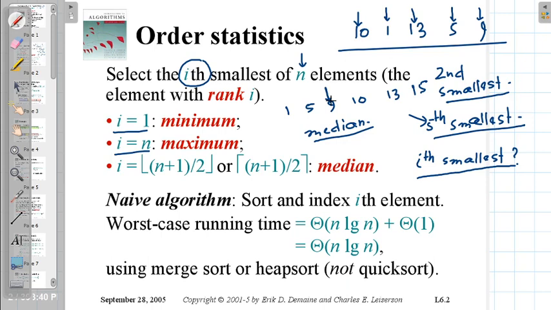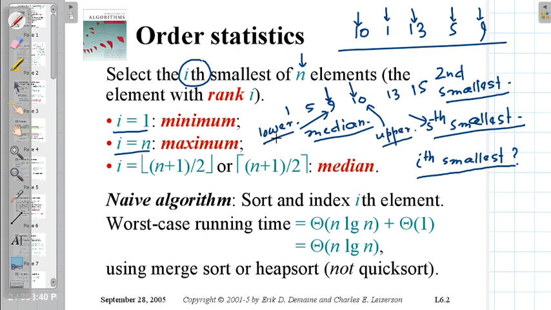Okay. So in that case, we have two medians. This is 9 and 10 is the other. This is called the lower median, and this is called the upper median.